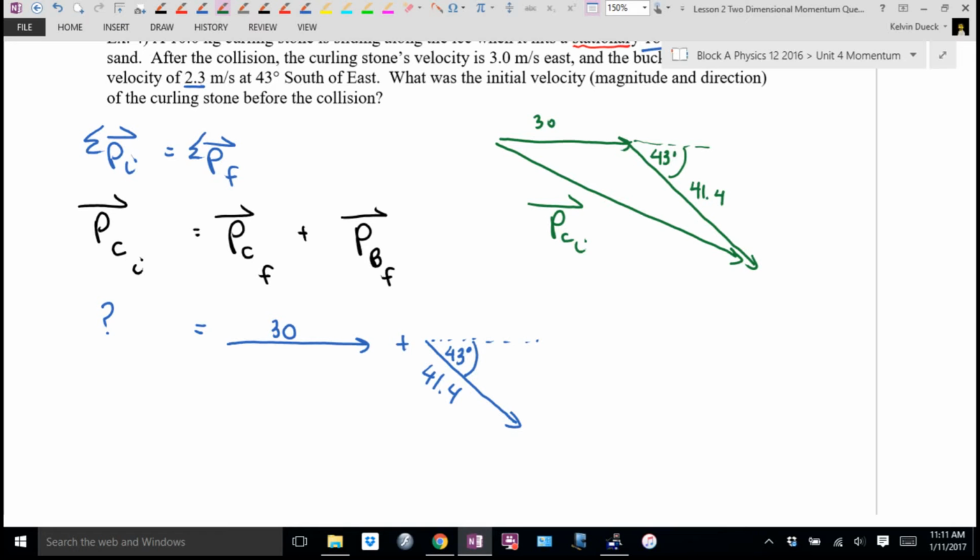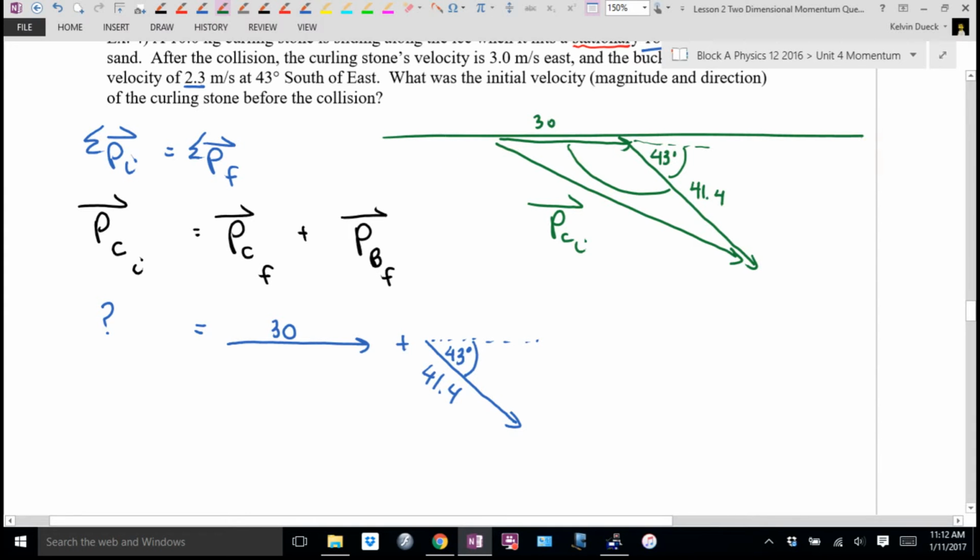How can I find this angle if I know the 43? 180 minus, because the 2 of these form a straight line. I'm going to be bold, and I'm going to go 180 minus 43 in my head.